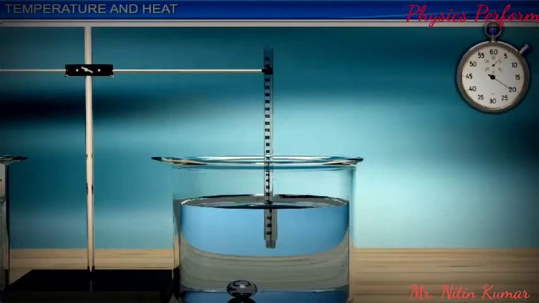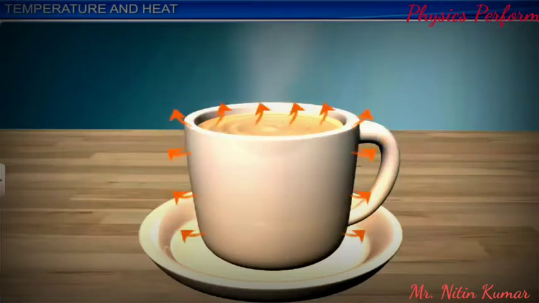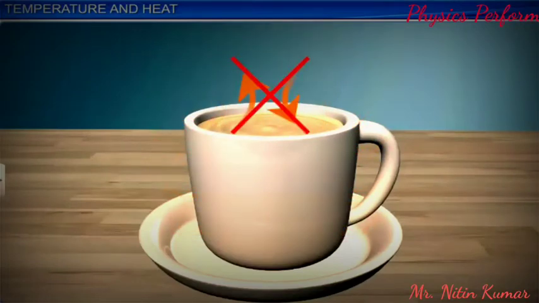When two bodies are in thermal equilibrium, there will be no net exchange of heat energy between them. For example, when a cup with hot tea is placed on a table, heat flows from the cup to surroundings until thermal equilibrium with the surroundings is attained.